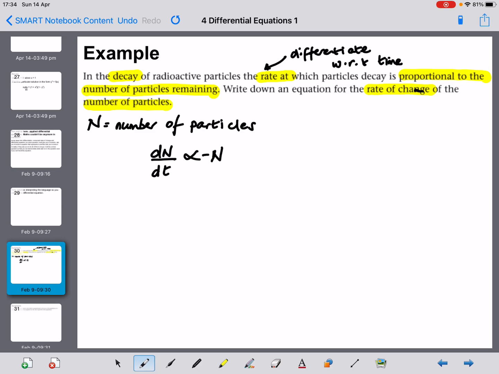Okay, so that's called the proportionality statement. dN by dt, the rate at which the particles are decaying, is proportional to the number of particles remaining.